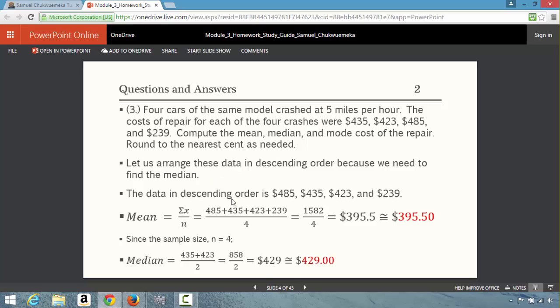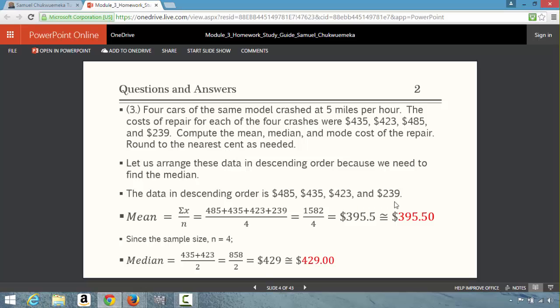If the decimal places are not up to nearest cent, just add zeros to make it nearest cent. Nearest cent means to the hundredth, okay, to 2 decimal places. That is what it means.